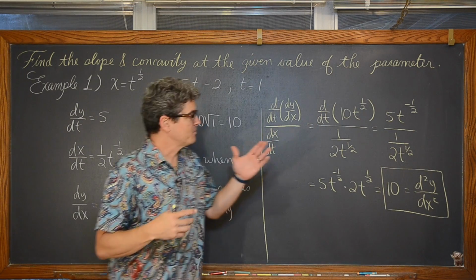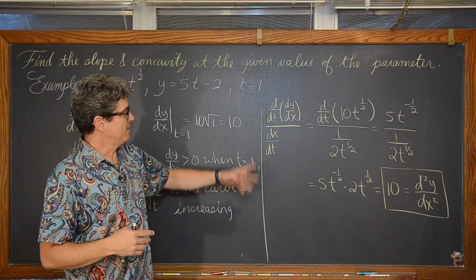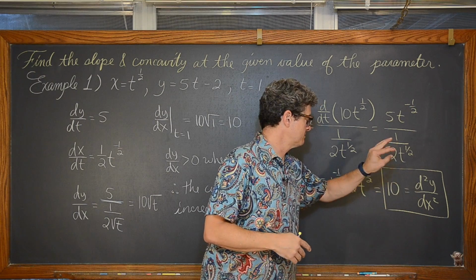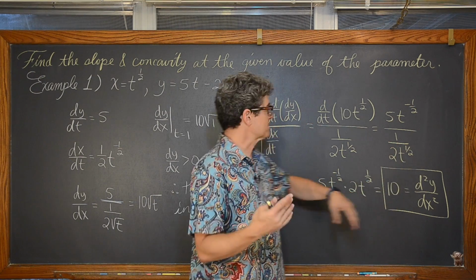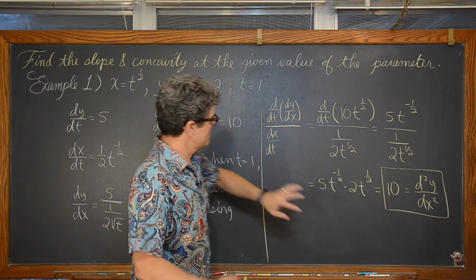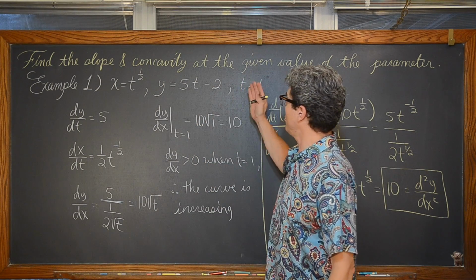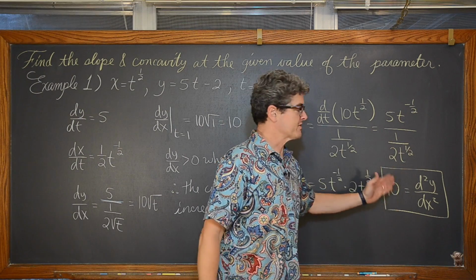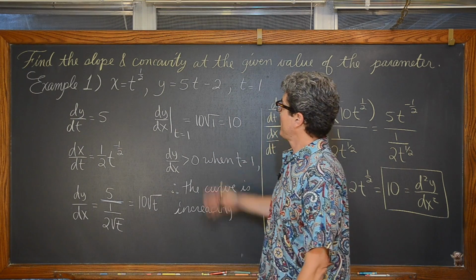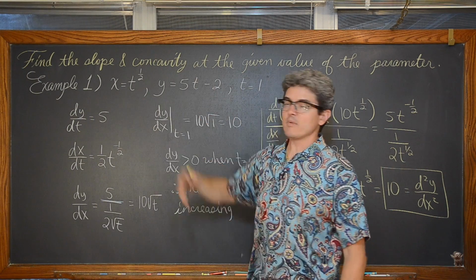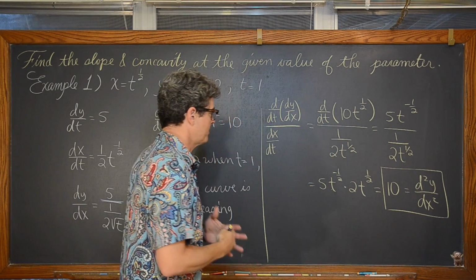Bam. So not only is our second derivative basically, because I want to discuss concavity, not only is our second derivative positive when t is equal to 1, but actually our second derivative is always positive. So the curve defined by these parametric equations is always going to be concave up everywhere.